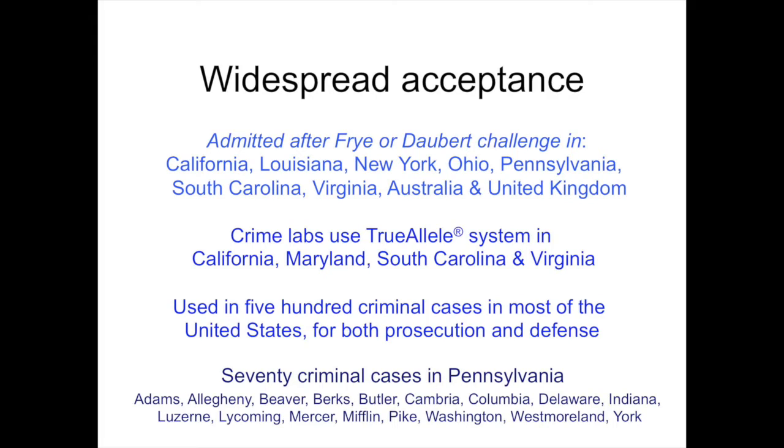It's been admitted after Frye and Daubert challenges in 7 states and some foreign countries. There are crime labs using it regularly across the country. It's been used in over 500 criminal cases in the US for both prosecution and defense. And there have been over 70 criminal cases in Pennsylvania across 17 counties, which I list at the bottom. Your county might be up there, I don't know.